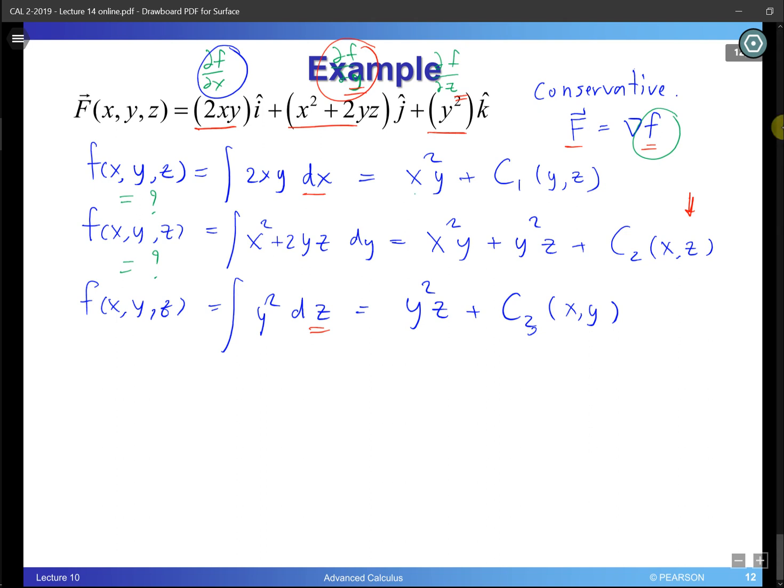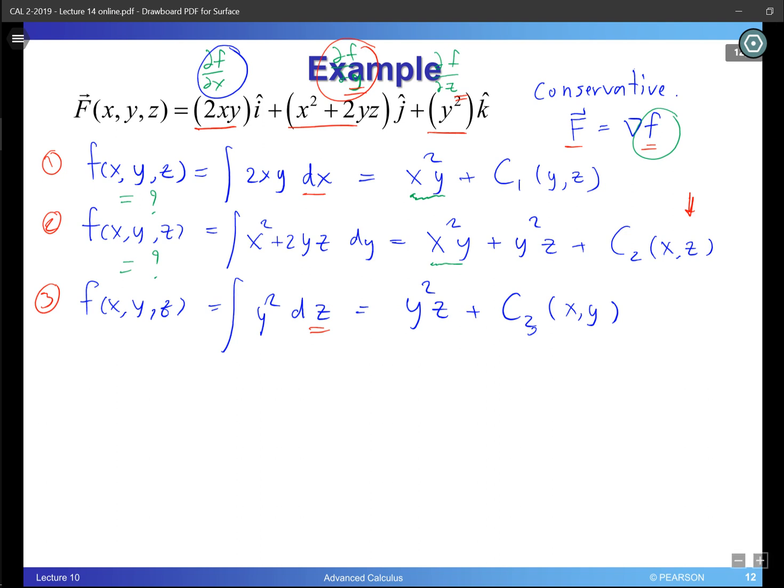First one, x squared y. This one has that. Next one has that. But the last one, we have 3. Let's take 1, 2, and 3. Number 3 doesn't have that. So the only location that it can have this x squared y is in the constant.